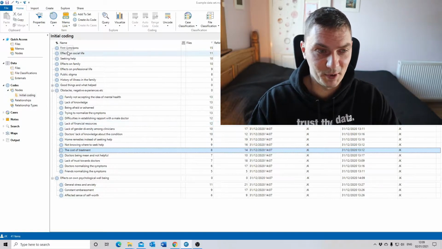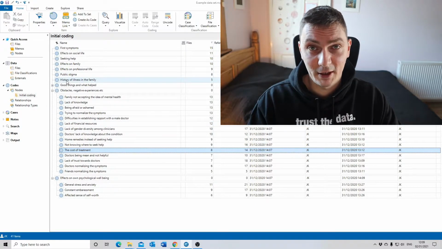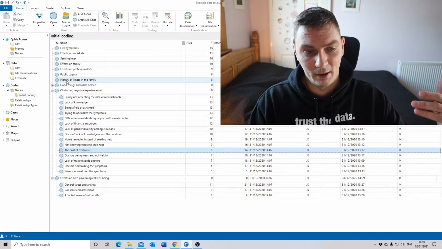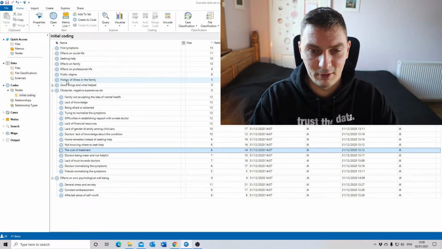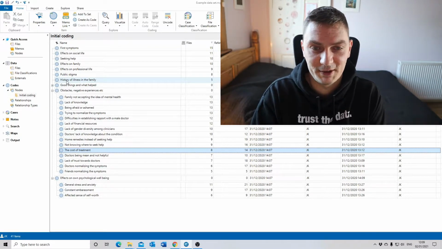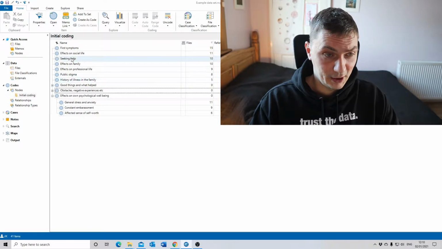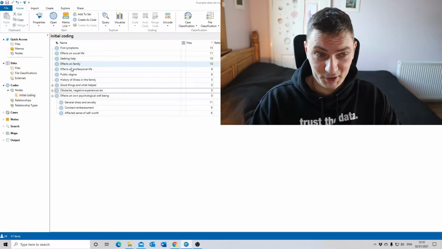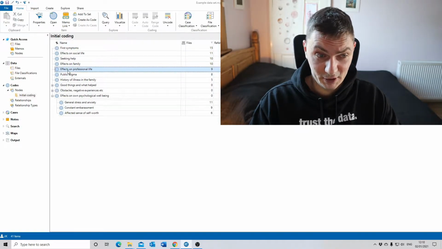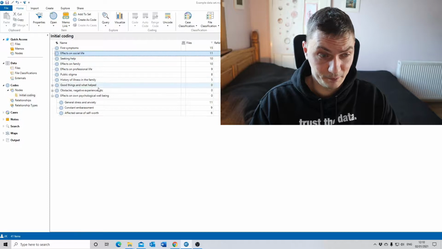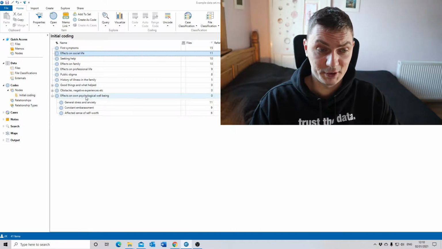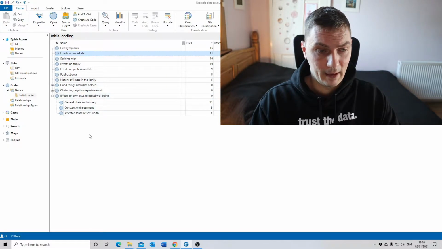So they have these themes, but the simple thing that they don't do is putting it under a respective category, putting it somewhere where it makes sense to the reader. So when I look at the rest of this, I can see another thing: effects on family, effects on personal life, effects on social life, and here we have effects on psychological well-being.